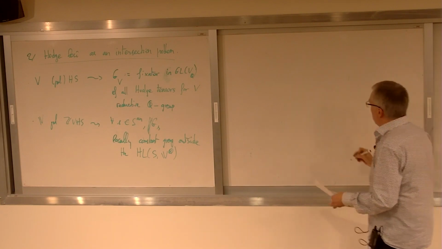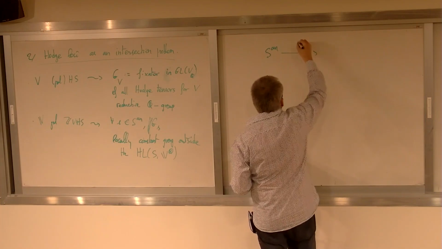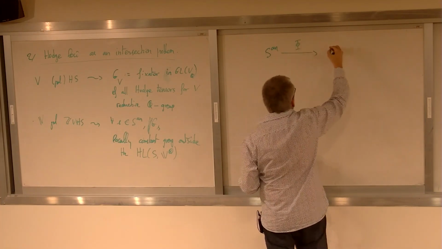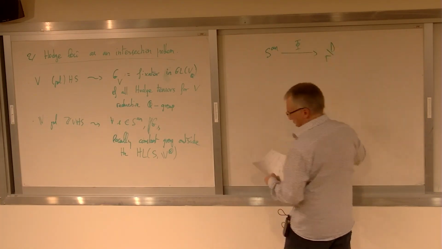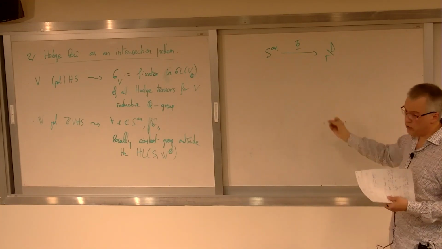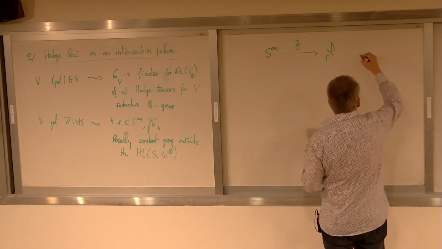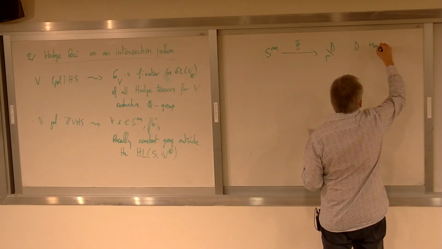So this means that you can refine the picture, and this is exactly the same picture. You have the period map phi to D mod gamma, but now D is actually homogeneous under the real points of the generic Mumford-Tate group. So D is what is called the Mumford-Tate domain, but you can forget it.